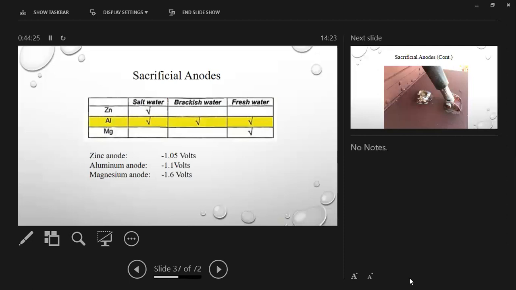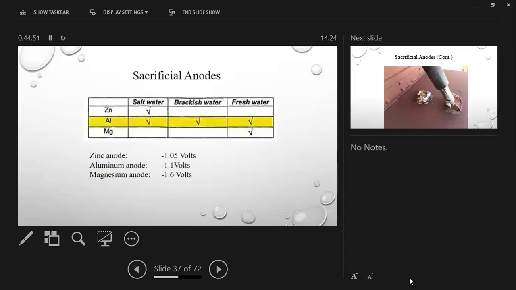Remember I said we're seeing more and more aluminum anodes? We, in this area, have to deal with salt water and brackish water, right? Not much fresh water on the bay, but it is certainly brackish. Aluminum anodes are the only ones that are really good for all three.